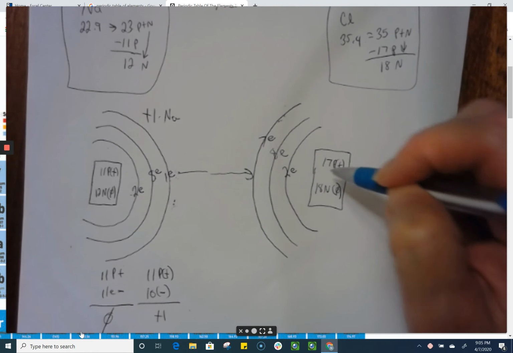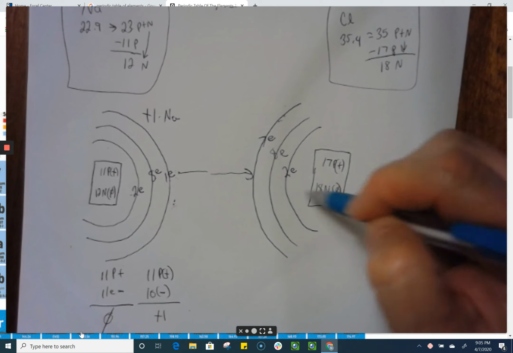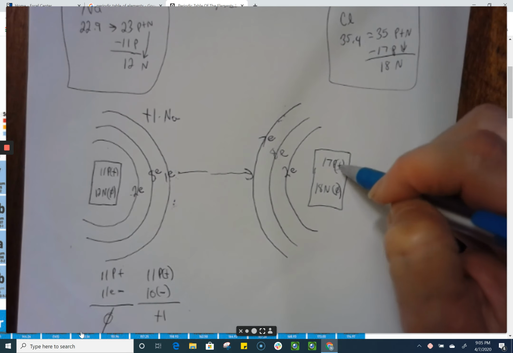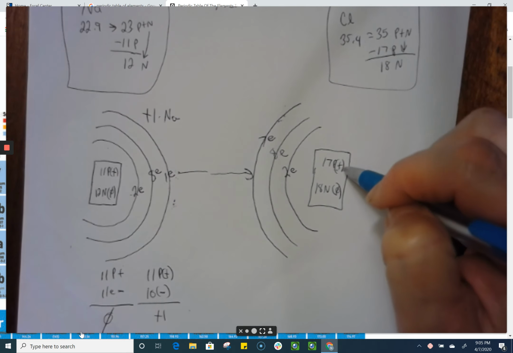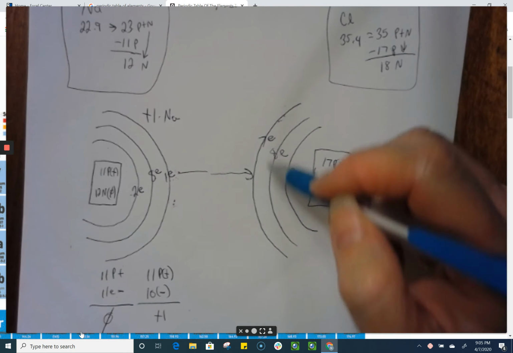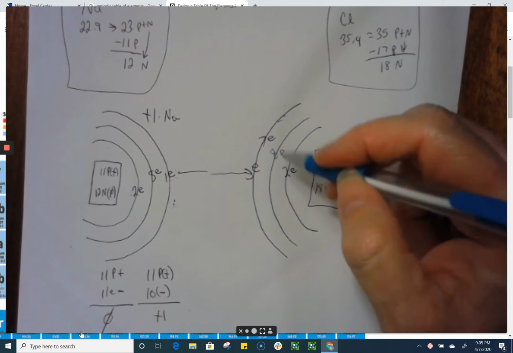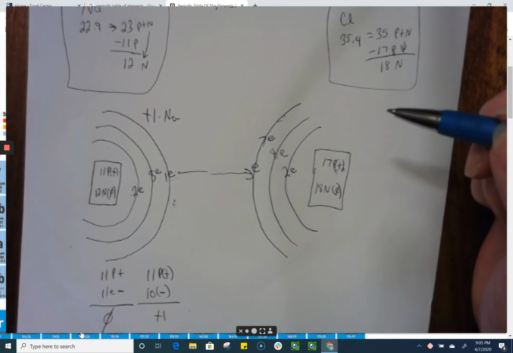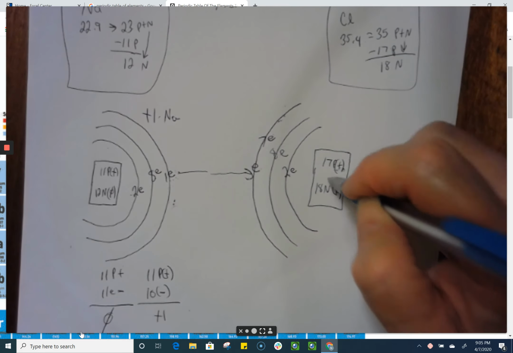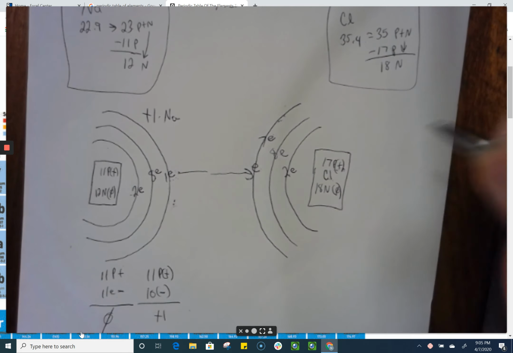And this atom being bigger, it has a stronger positive pull because it has more protons, opposite charges attract. It can take that electron away from sodium. So when that electron moves over here, now you have access to 8 electrons, which stabilizes the chlorine atom.